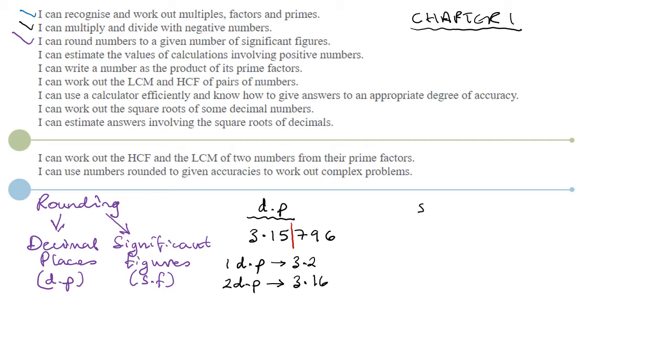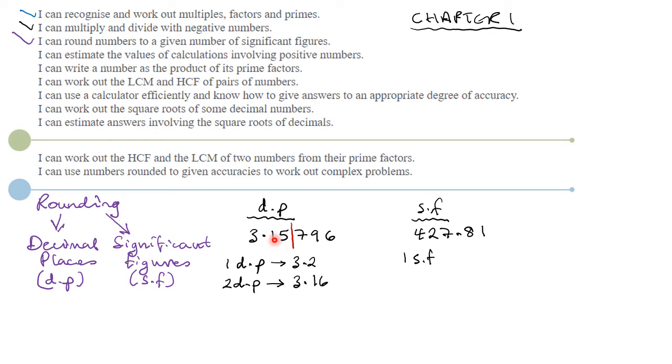Now we can use a very similar method to round to significant figures. Okay, so let's say we have this number 427.81, and I was asked to round that to one significant figure. Now when we did rounding to decimal places, we actually started counting from the decimal point.